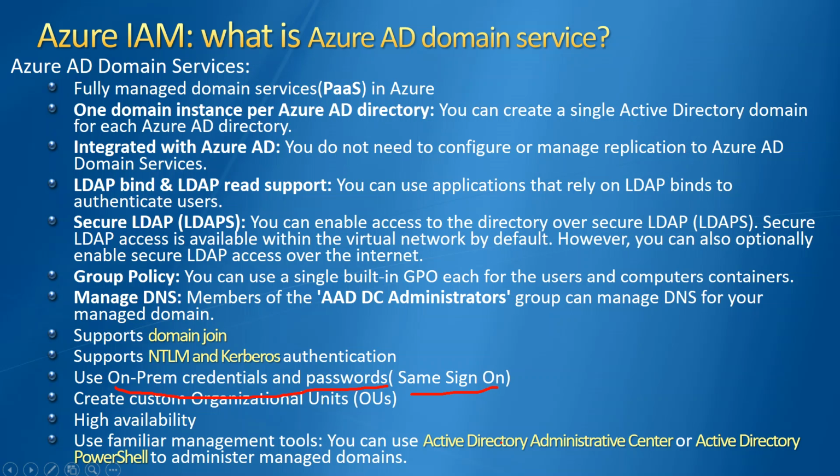Technically it's two different identities, one in Azure AD and one on-prem. However, since the password and username are the same, the user will never know they have two identities with the same name and same password, and that's why it's also called same sign-on.